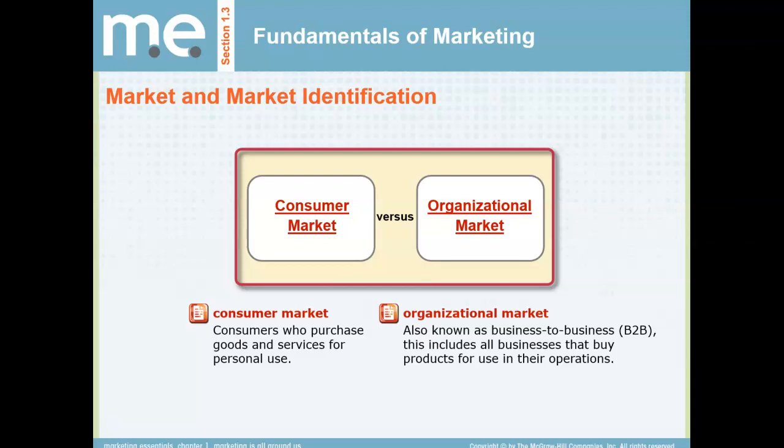All of the companies that buy office supplies, that business-to-business transaction is the organizational market. The transactions or the purchasing that takes place before it goes to the end user, that's part of the organizational market. Walmart buying goods from other companies, that's part of the organizational market. That's the difference.